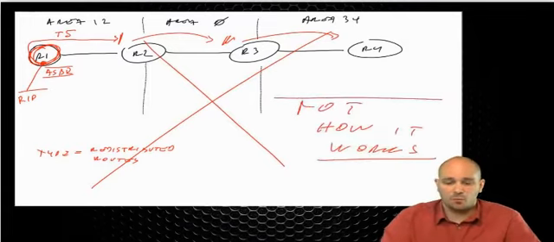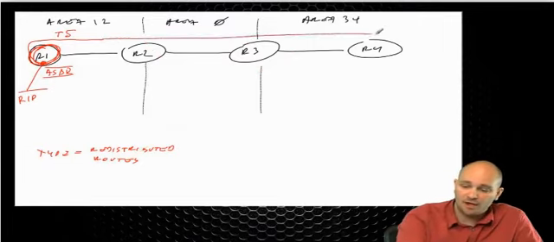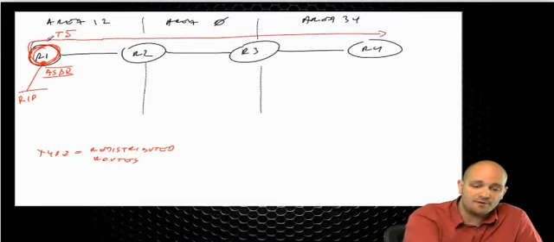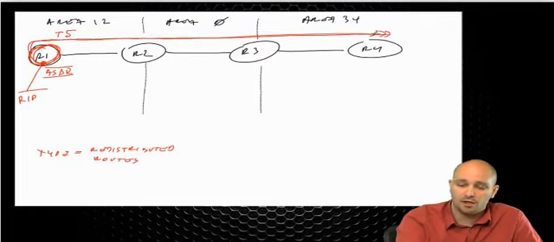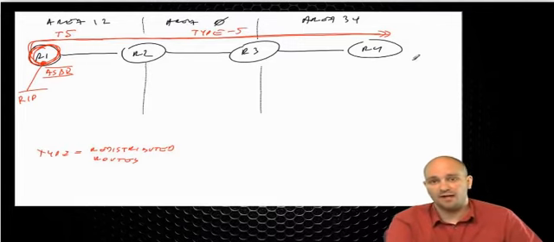The way type 5s work is actually that the flooding scope of type 5 LSA is the entire domain. So this type 5 generated by R1 here is going to be flooded in the entire domain.